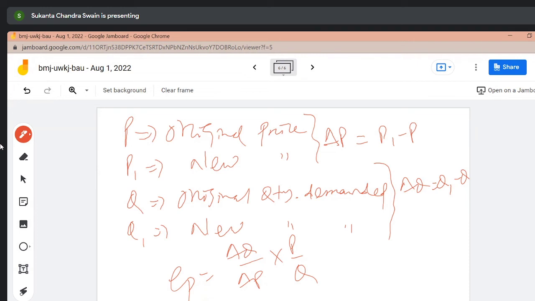At best, price can be zero. Price zero means you are getting the product without paying anything, whatever commodities you are getting from nature. These come under free goods, but in our discussion we don't concentrate on free goods. Goods can be of two types: economic goods and free goods.